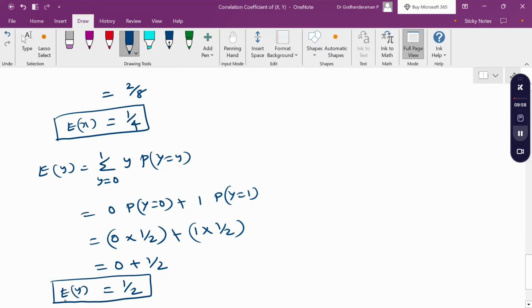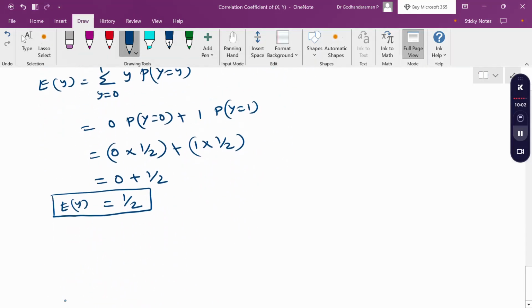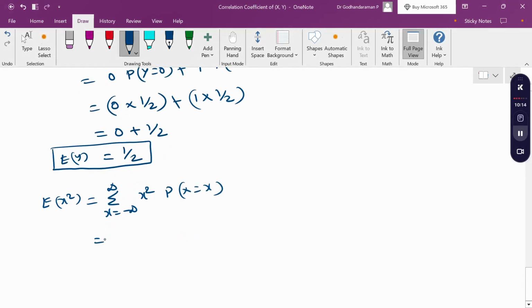Then E of x square, which is the summation over x of x square times p of x. Now substitute the range of x, minus 1 and plus 1.